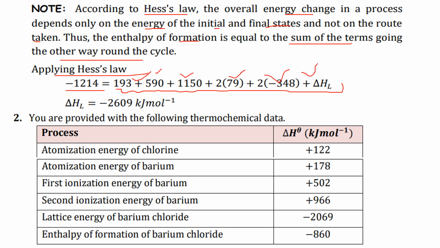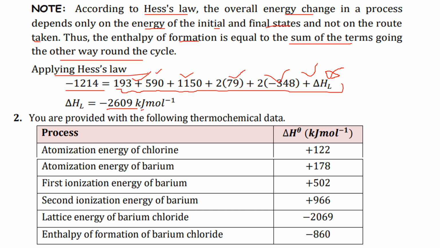Then we sum them up and make delta HL, the lattice energy of formation of calcium fluoride, the subject. So making it the subject, we shall have -2609 kilojoules per mole. I told you that in kilojoules per mole, k is a small letter, J is capital, and the others are small letters. The -1 is a superscript.